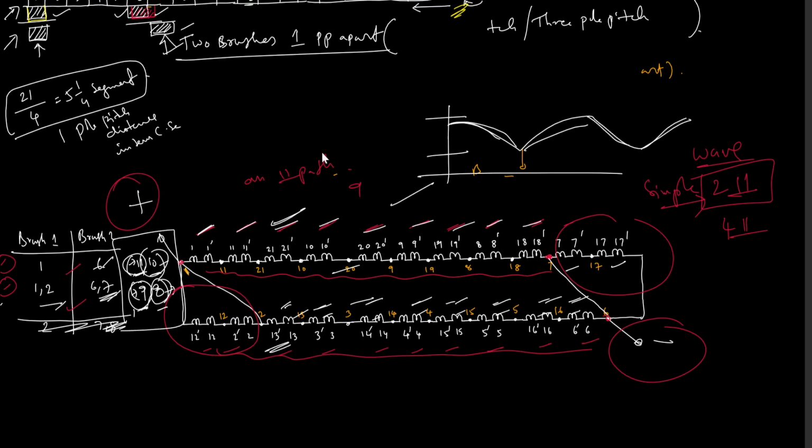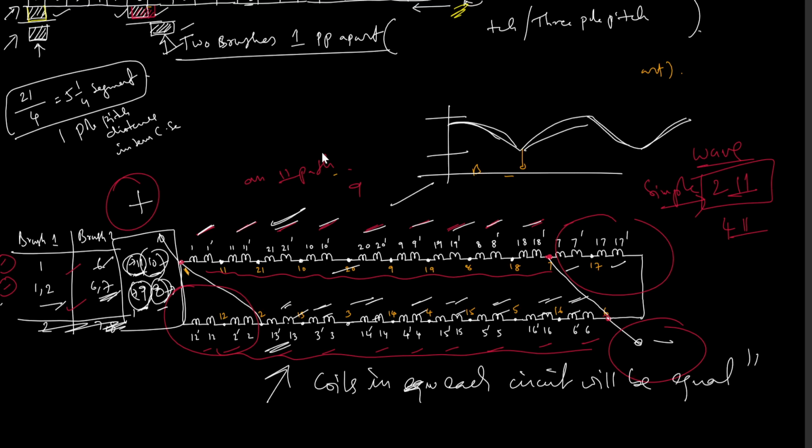But in a true machine with simplex wave winding, we will try to see that the coils in each circuit are equal. So we have to choose the number of coils and coil sides per slot such that an equal number of coils will come into each parallel circuit. That is what we have to ensure.